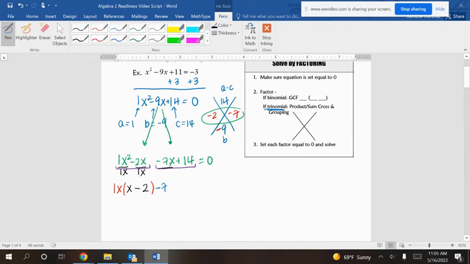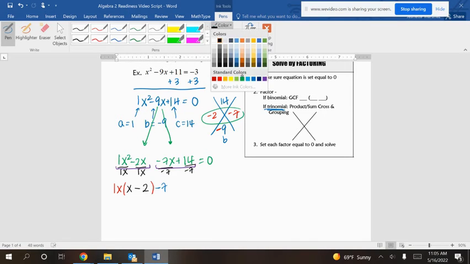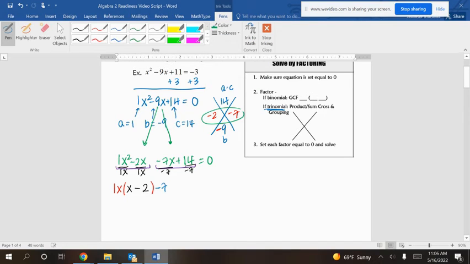This one doesn't have an x, but this one does, so they don't have a greatest common factor of x. So I'm going to divide out negative 7 since that is my greatest common factor, and write what's left over on the inside. Negative 7x divided by negative 7 leaves x. 14 divided by negative 7 leaves a negative 2.